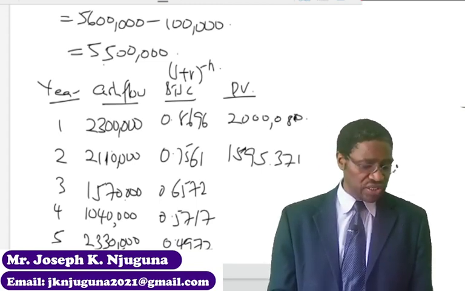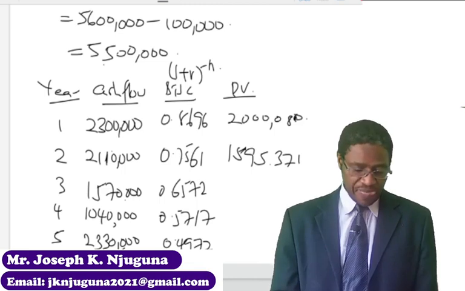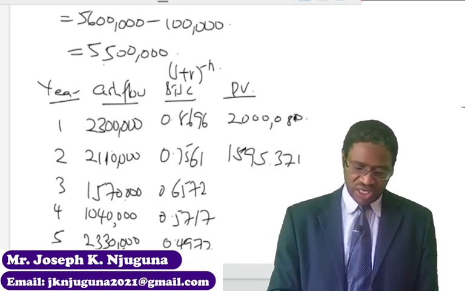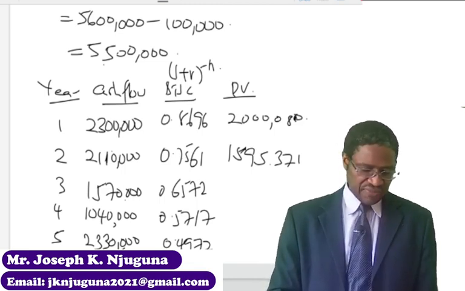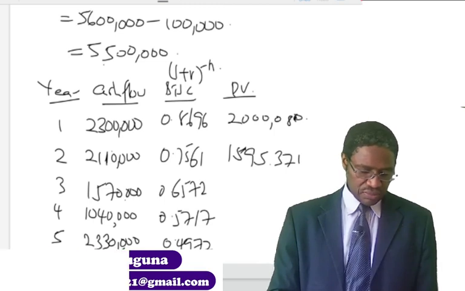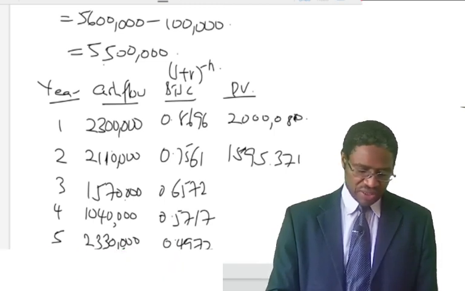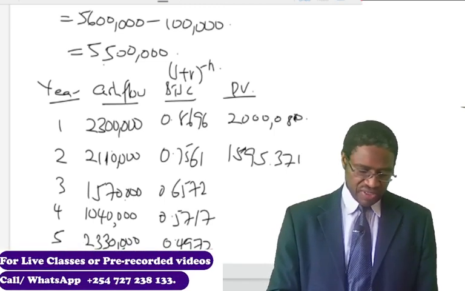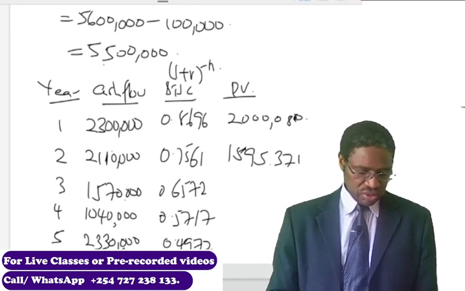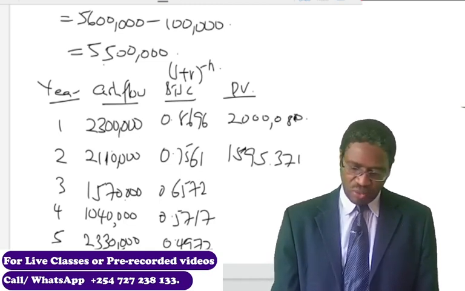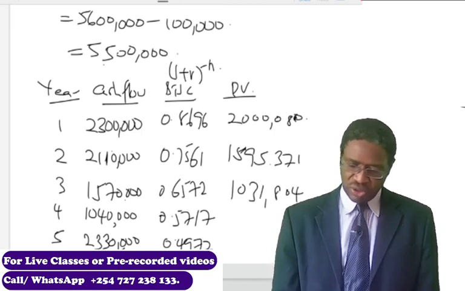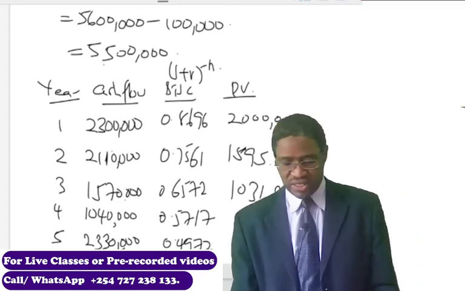I hope you're also getting the same. Confirm. Then after that we go to the third one, 1570. I multiply that by 0.6575, and I'm getting something like 1,031,804. I hope you are getting that.